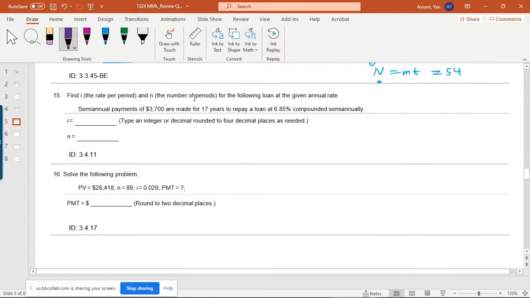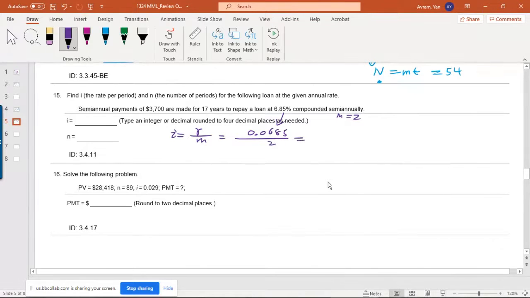Find the i, which is the rate per period, and n, the number of periods, for the following loan at a given annual rate. Semi-annual payments of this much, made for 17 years to repay the loan at 6.5% compounded semi-annually. How much is the i? We said that i is equal to r over m, right? So that's 0.065 for this r.